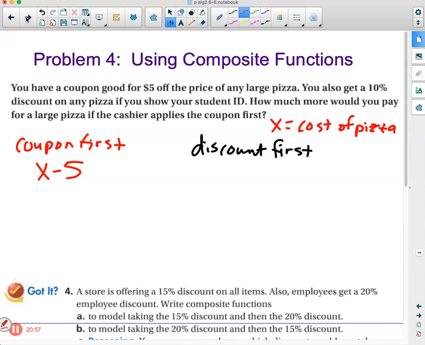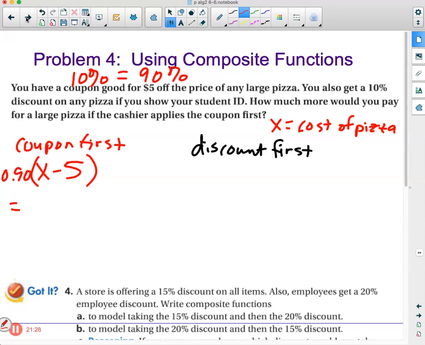Then I get to take 10% off the price of the pizza. Well, while that's good to know, that's not what we care about. If we don't have to pay 10%, how much do we have to pay? 90%. So I'm going to have to pay 90% of this. Well, to find 90% of something, you take 0.90 times whatever it is.